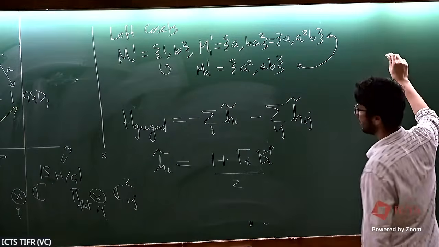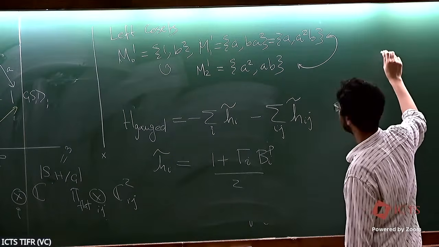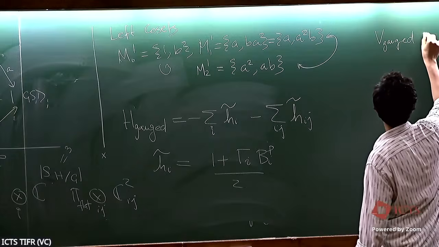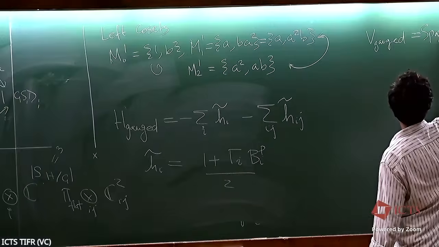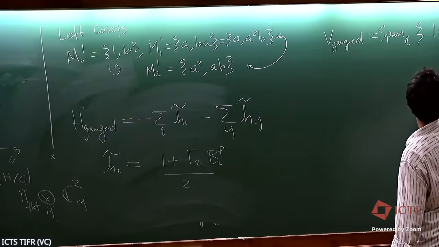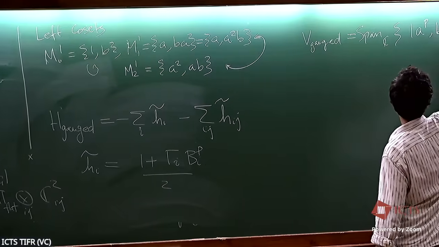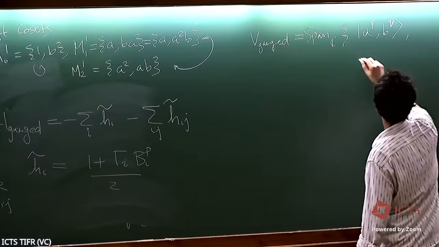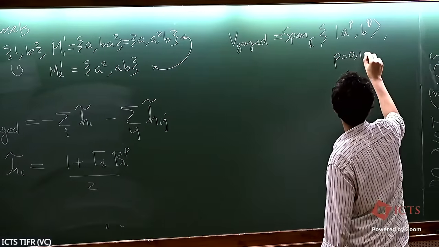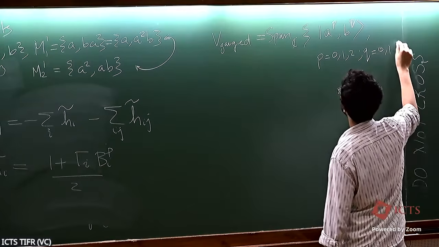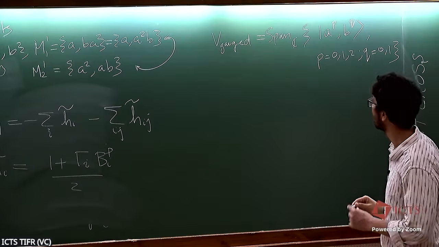Let me write this down. Let me define a basis on the edge gauged, labeled by A^P, where P is 0, 1, 2, and Q is 0, 1, right?